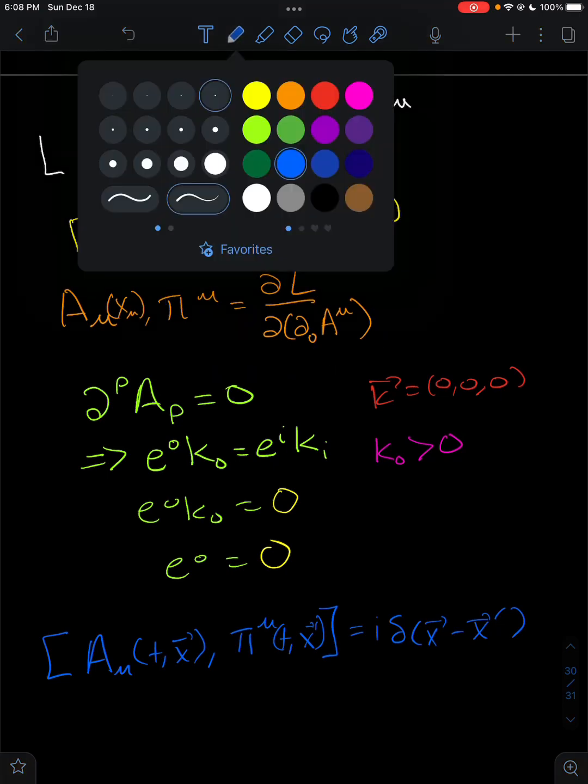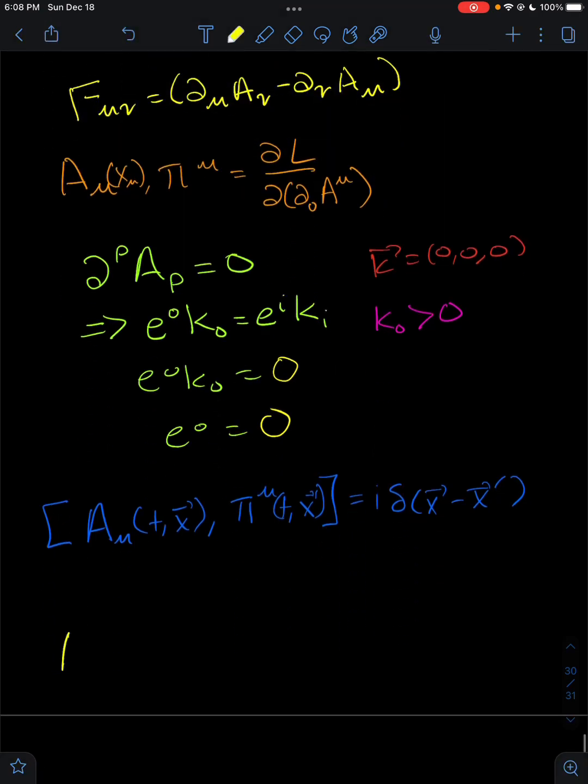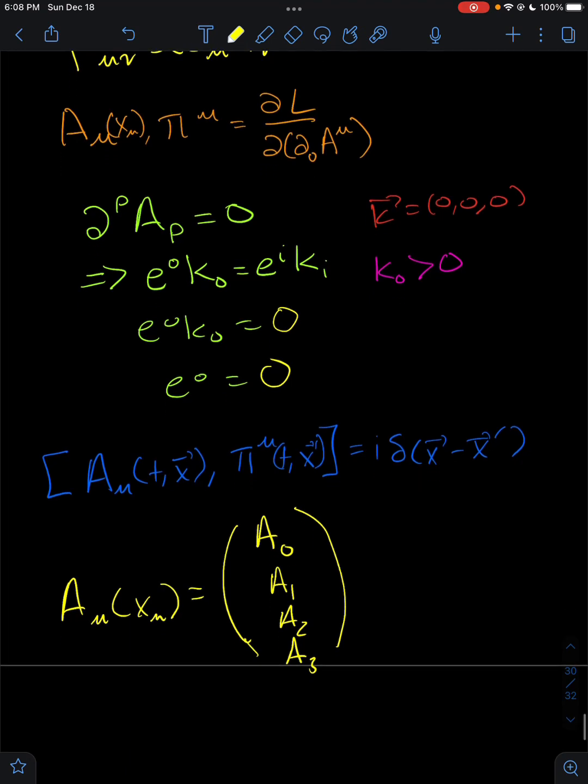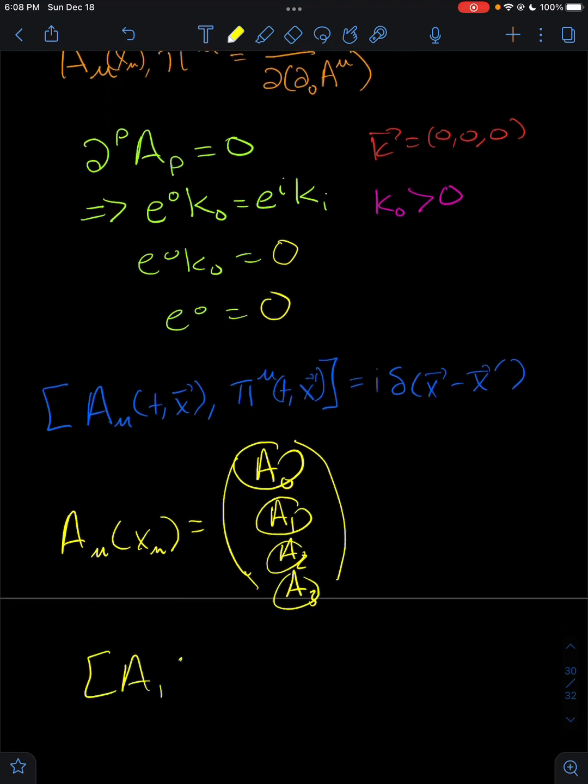To clarify some things, the EM vector potential is a 4-component four-vector. So we have one A0 component, one A1 component, and so on. We are really defining a commutation relation for each component. So we have one for A1(t,x) and pi1(t,x'), and that's going to be i delta of x minus x prime.